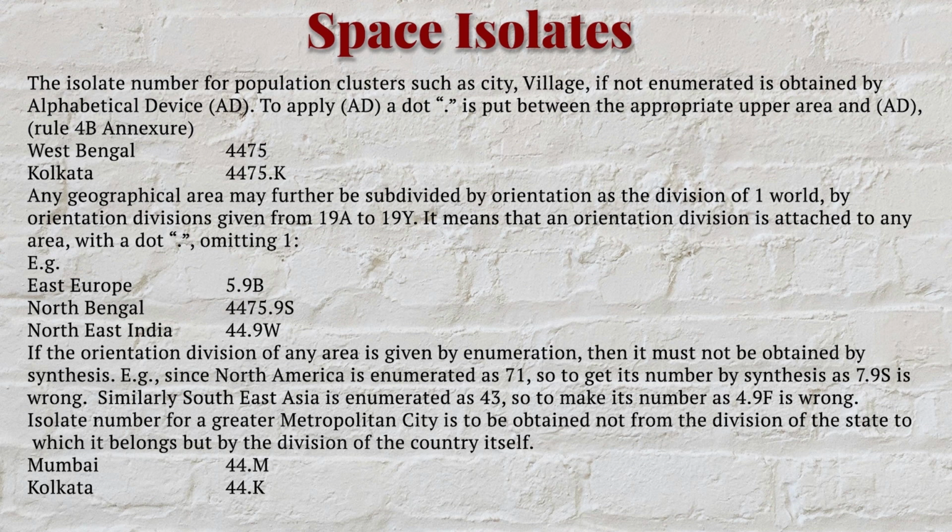For example, East Europe is denoted by 5.9b, as Europe is denoted by 5 and 9b denotes East. So East Europe will be denoted by 5.9b and North Bengal by 4475 West Bengal dot 9s.